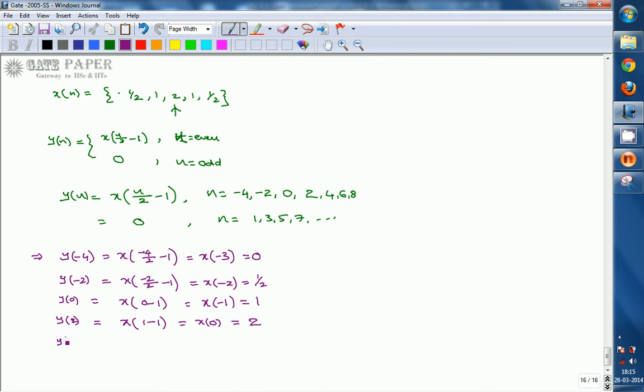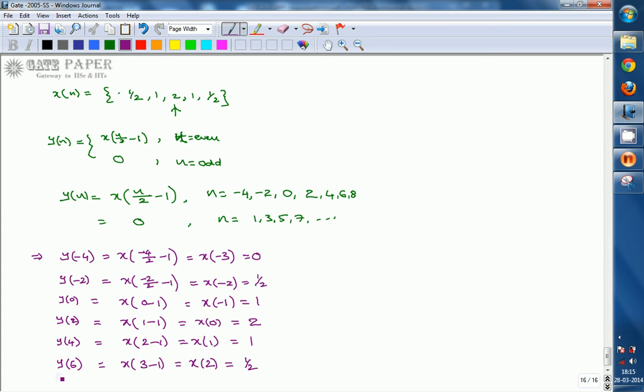And for n equals 4, y of 4 equals x of 2 -1, x of 1, that is equal to 1. And y of 6 for n equals 6, this is x of 3 -1, that is x of 2, that is equal to 1 by 2.